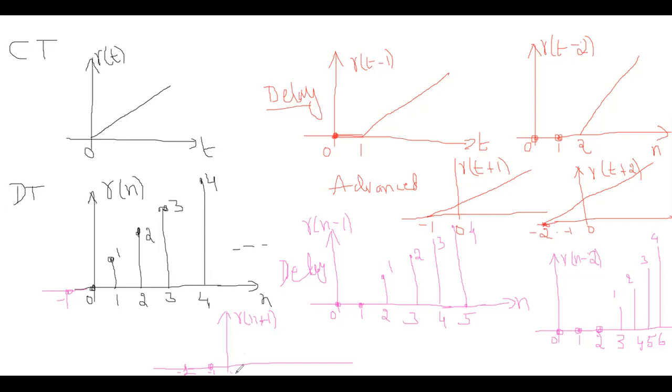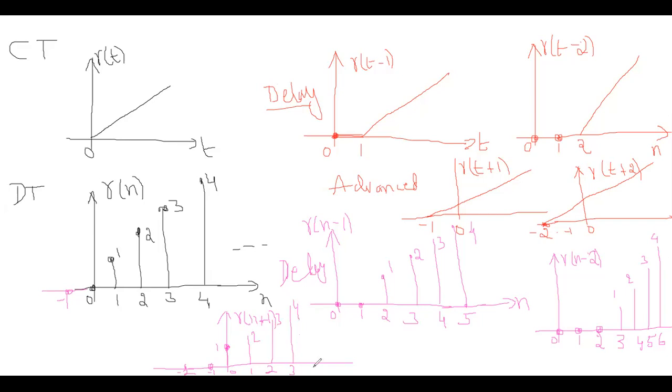So at 0, now the value is 1. At 1, the value is a 2. And at 2, the value is a 3. And at 3, the value is a 4.